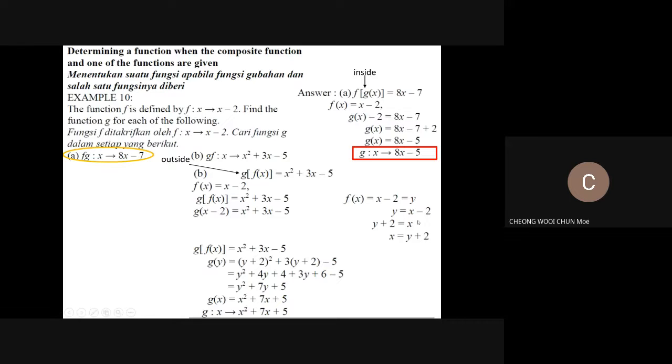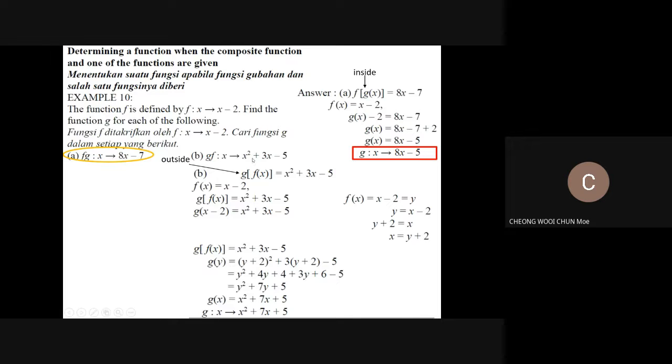Okay, you can ignore this one, no problem, it's very confusing. So x equals y plus 2. Because f(x) you changed to y, this one also becomes y plus 2. It must be in terms of y, no more x.